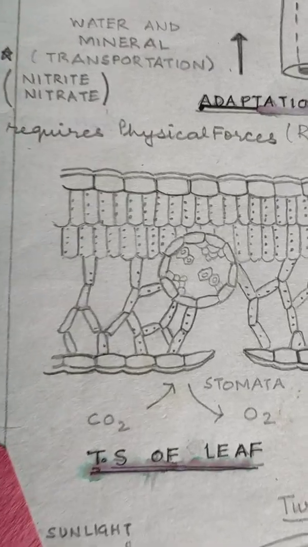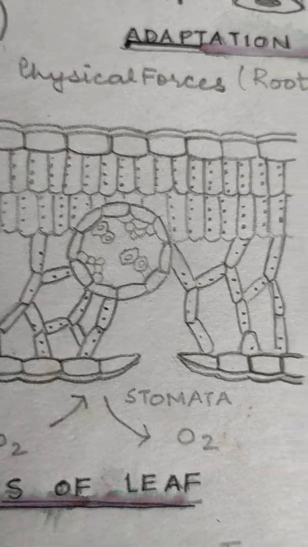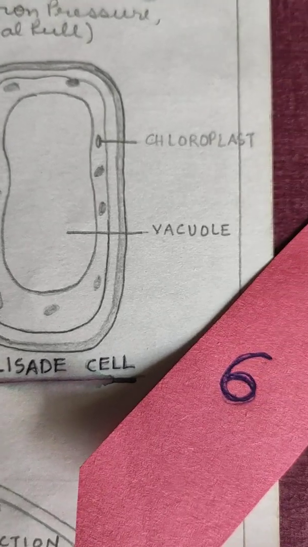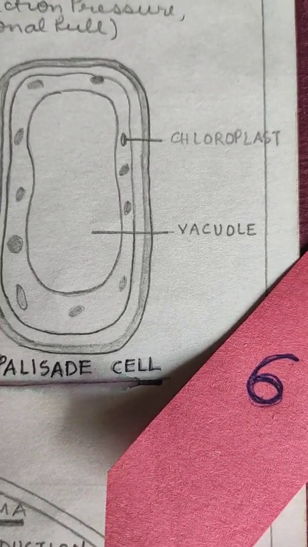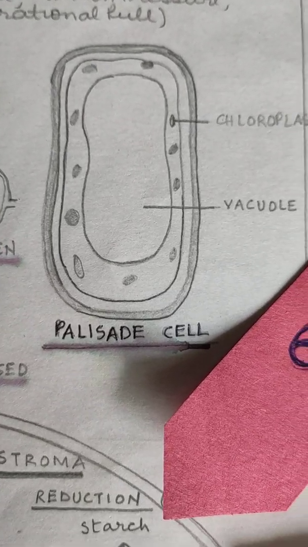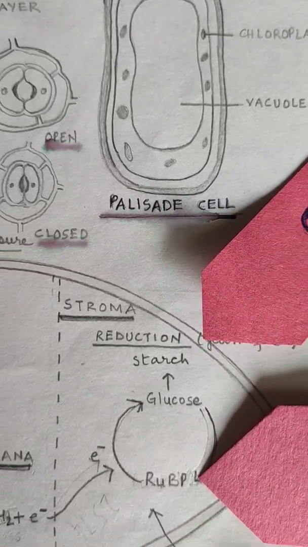Now in this palisade layer are present the palisade cells. The palisade cells have chloroplast, the cell organelle, which helps in photosynthesis.